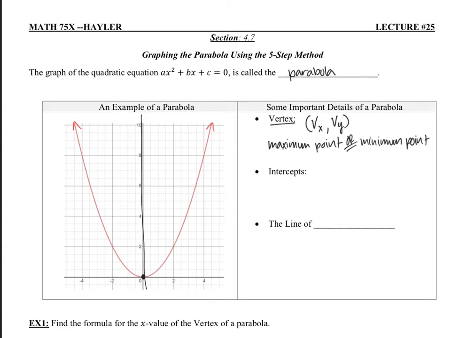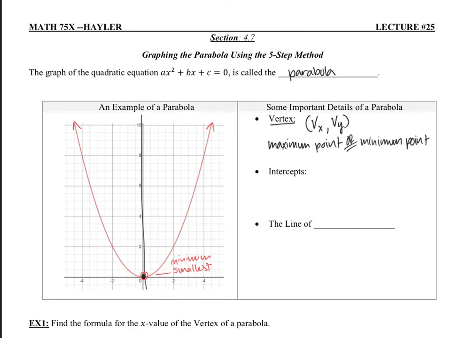For this example, if you look at our vertex here, is there a point below this vertex on our parabola? The answer is no. This point is the smallest possible point for our graph, so it's the minimum point. A parabola that opens upwards has a minimum.